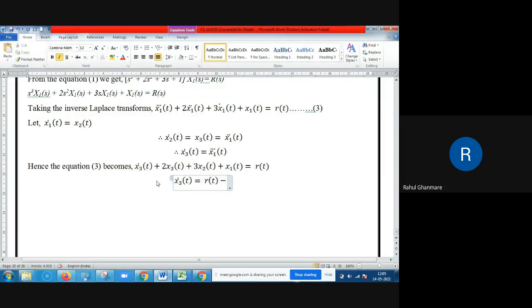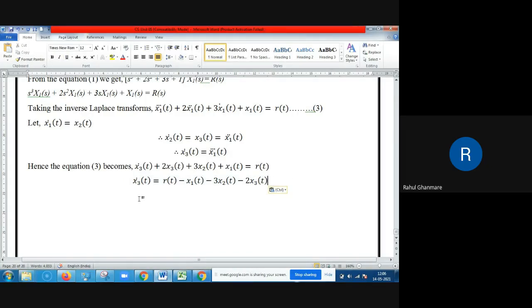This complete term becomes negative: minus x1 of t, minus 2 x2 of t, and minus x3 of t. Are you getting it?